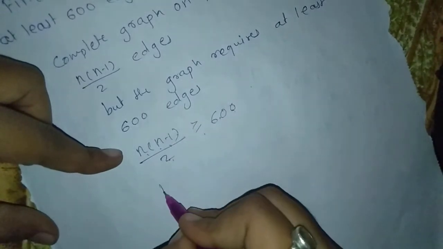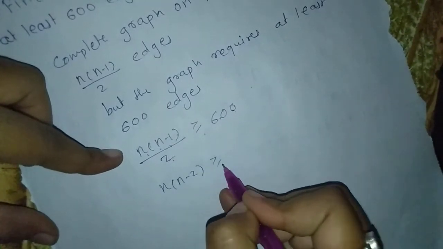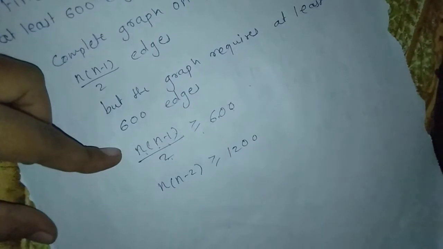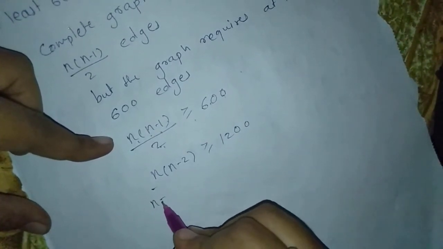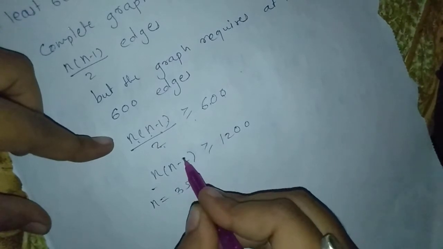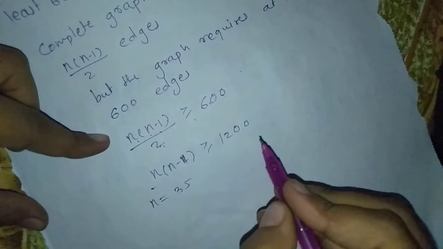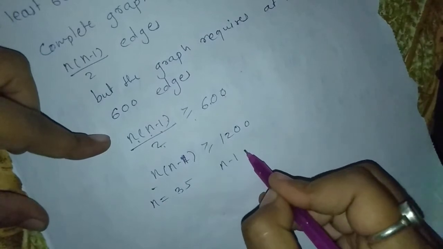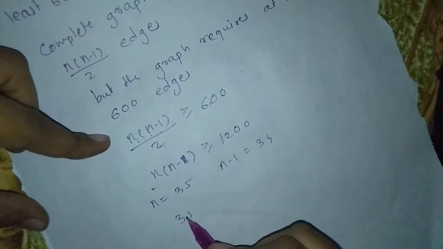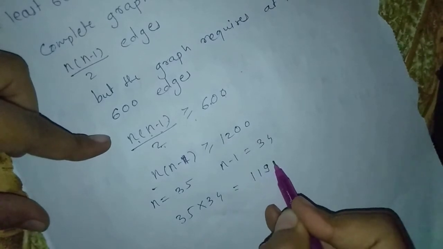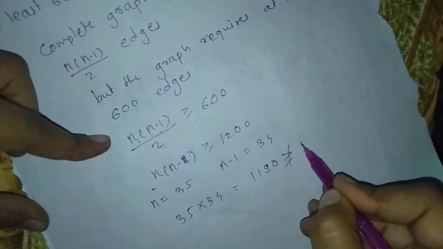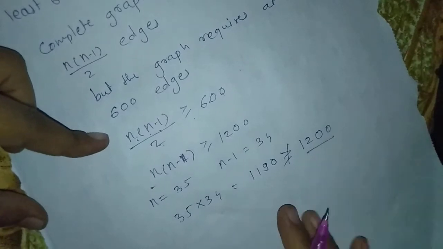If we put here n is equal to 35, so n minus 1 is equal to 34, and 35 into 34 we get 1190, which is not greater than or equal to this number.